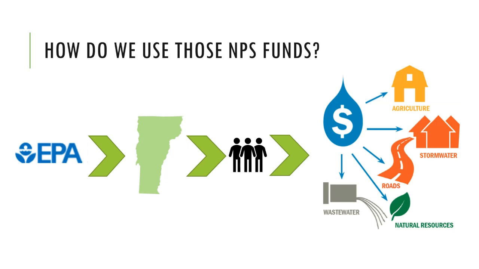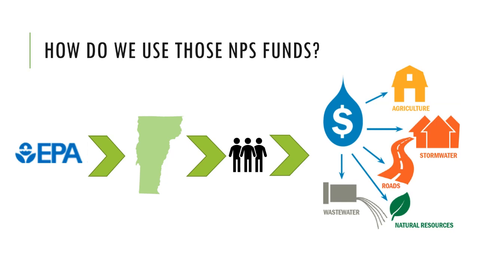So we have multiple funding programs. They address multiple sectors of non-point source pollution. Overall, millions of state dollars have been invested in clean water each year, and they support clean water projects.